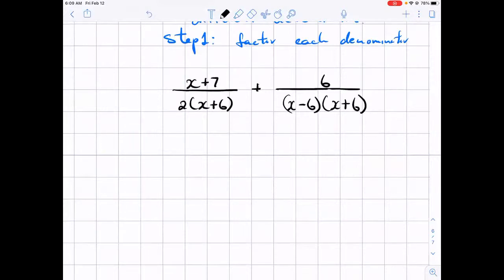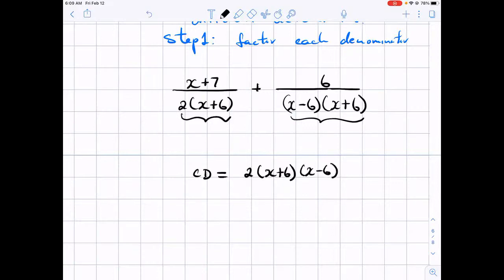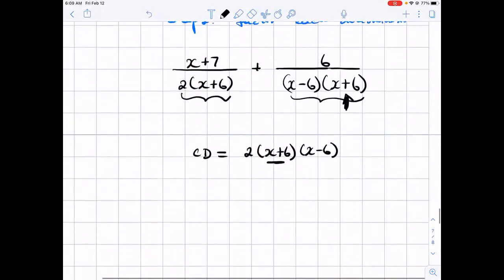So now, what is my common denominator? I start out with the first and I write everything. There's a 2, there's an x plus 6. Then I move to the next denominator. There's an x minus 6. And then if you look, there's an x plus 6, but I already have x plus 6 there. So I don't need to write it twice. So we only write it once.